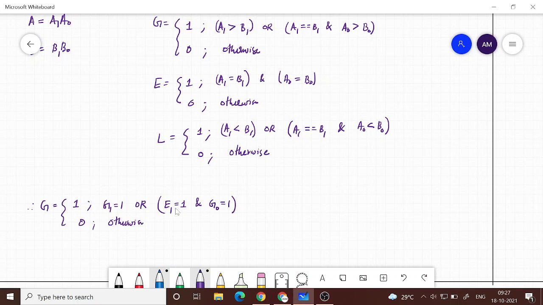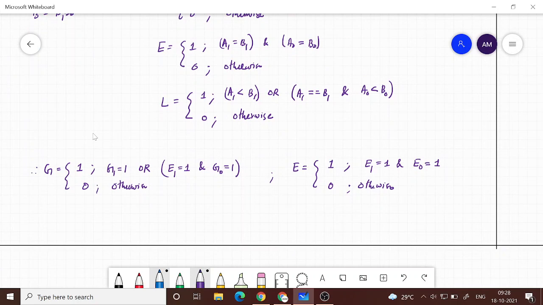And E equal to 1 if E1 equal to 1 and E0 equal to 1, 0 otherwise. So this is the definition we are going to make use of.